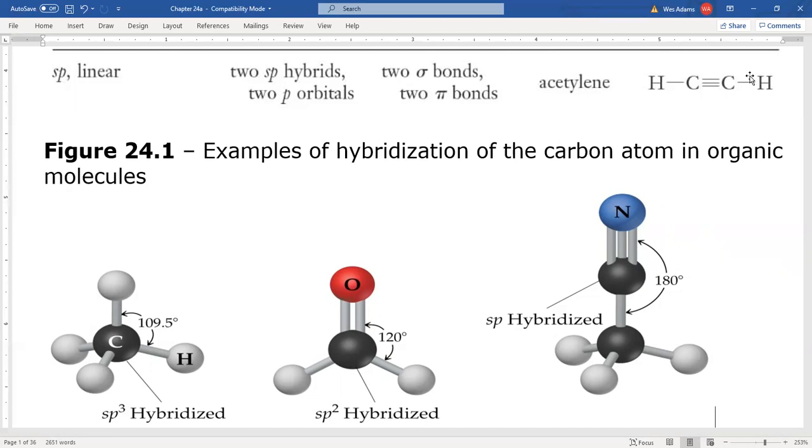It's trigonal planar and has 120-degree bond angles. Because you see there's 3 total bonds. Yes, you have a double bond, but it's 1 double bond, not 2 different bonds. And so that gives us a trigonal planar geometry. Remember, multiple bonds only count once for the geometry.